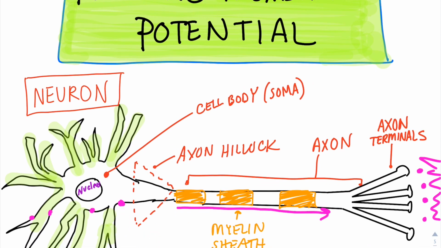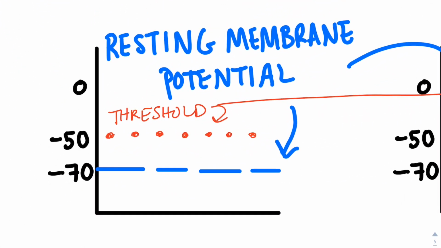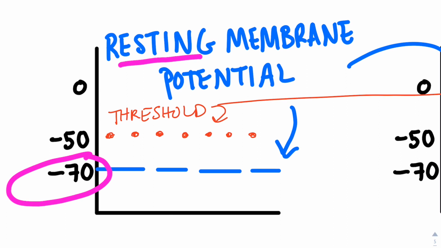So to give you an idea of what that would look like, we're going to go down to this little chart. So not all neurons, but just let's say for this neuron, we're looking for the inside of that cell, of that neuron, to be charged to negative 70. So when it reaches that charge of negative 70, then you can say, okay, we've achieved a resting membrane potential.